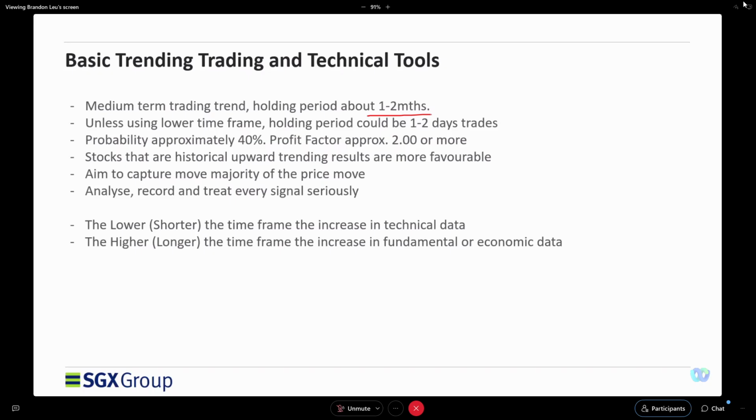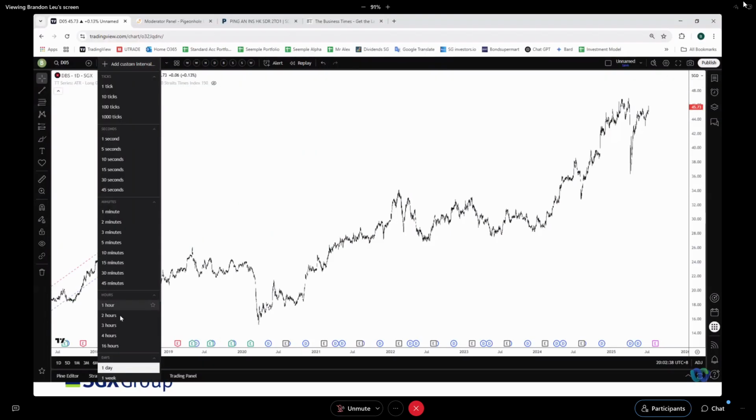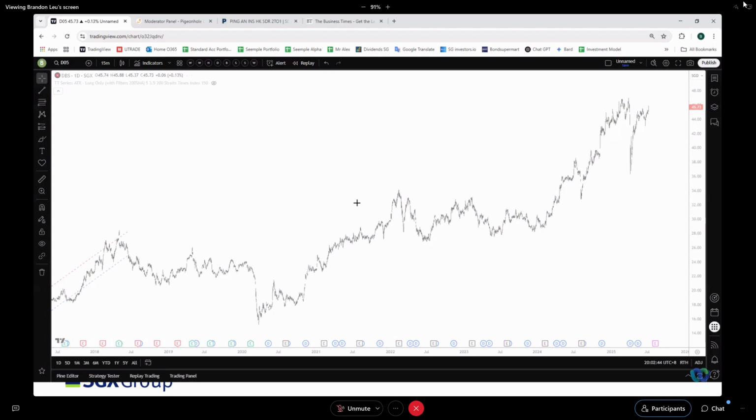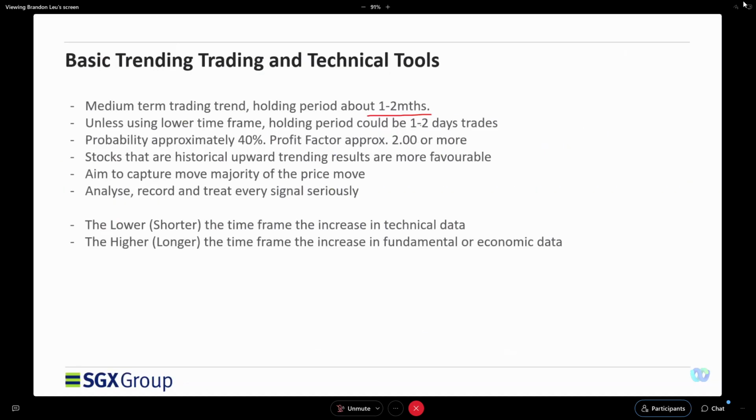A good holding period could be 1 or 2 months, sometimes even 3 or 4 months. Unless you go down to a lower time frame, which means your chart is not a daily chart but could be a 15 minute chart, then your holding period could be a few days, but it's a lot of sessions for a 15 minute chart.